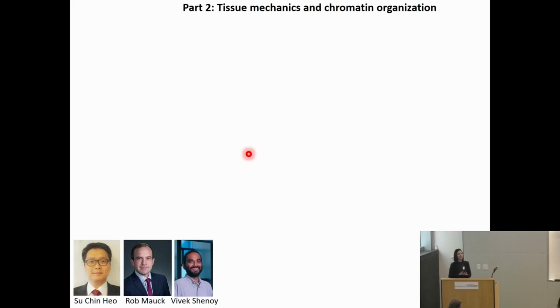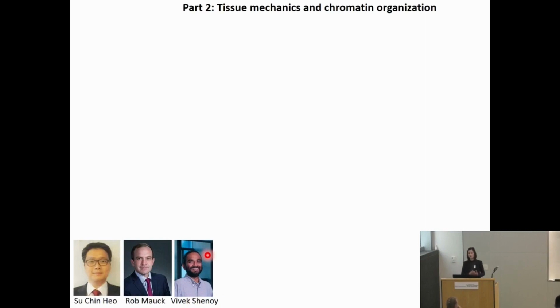And there I met a very active mechanobiology community. We have this Center for Engineering Mechanobiology, which is an NSF-funded center led by Vivek Shenoy. They have embraced me, and I've been having a lot of fun collaborating with them. The work that I will present to you is in close collaboration with Suchin Hio's lab, Rob Mock's lab, and Vivek Shenoy's lab.